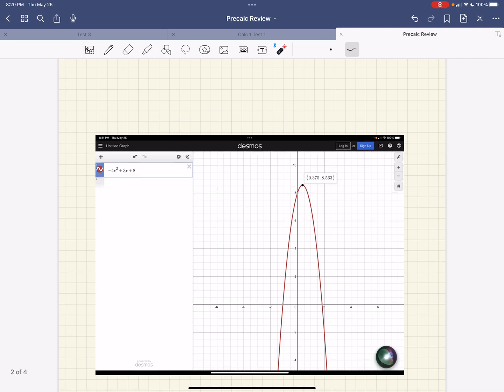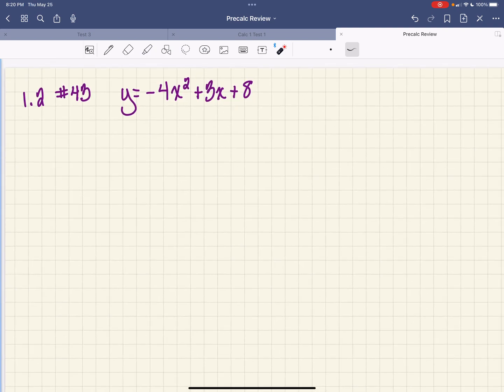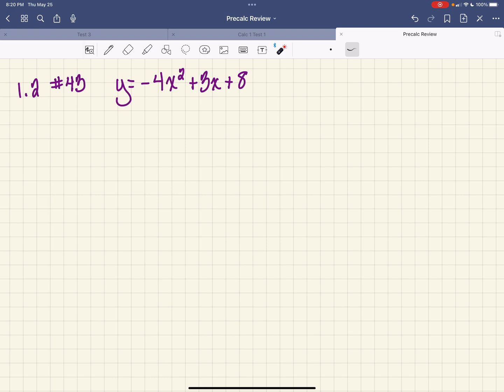So now the algebra behind how we complete the square with this one. If you remember, the vertex formula for a parabola is y equals a times x minus h squared plus k. So that's the form that we're wanting to get it in, and (h, k) is going to be our vertex.